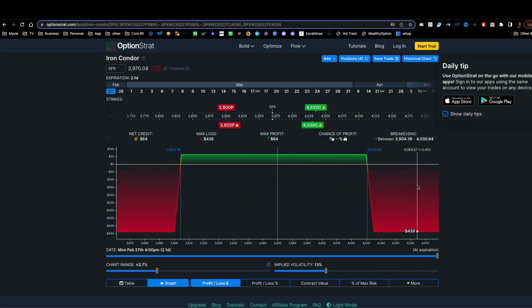Iron condors, when you're looking at trading spreads, are very capital efficient, twice as capital efficient as doing just one side of the market. But with that efficiency, you're going to get double the risk, basically, because you have risk on both sides of your trade instead of just one side. So you are doubling the risk.